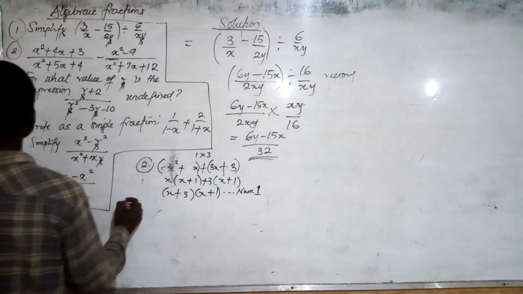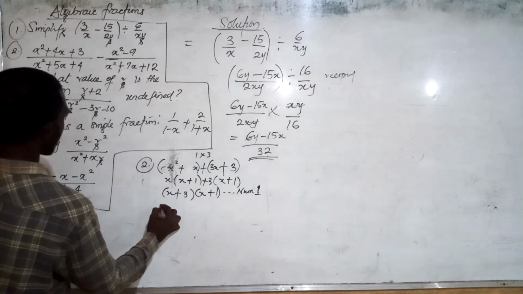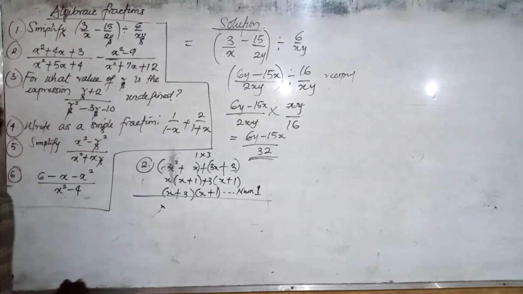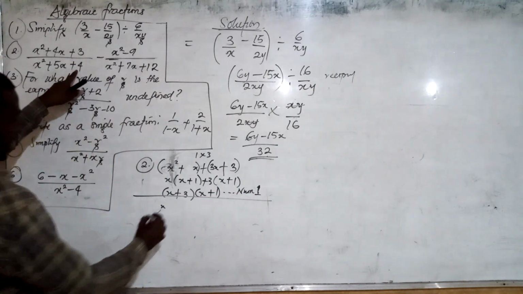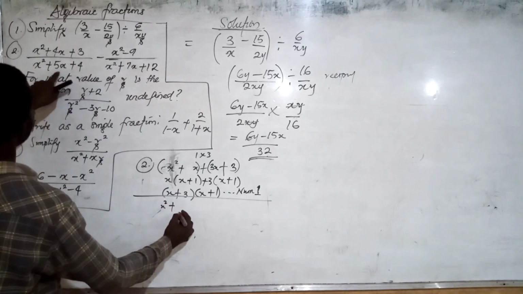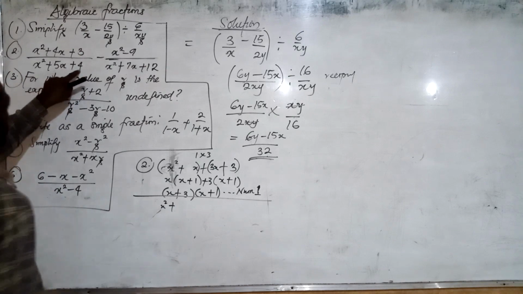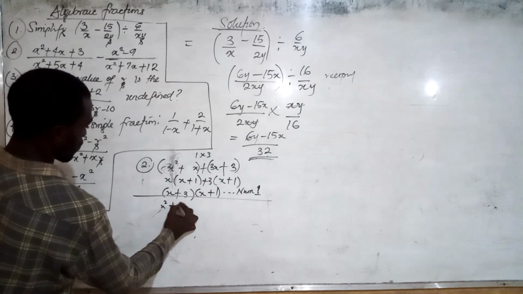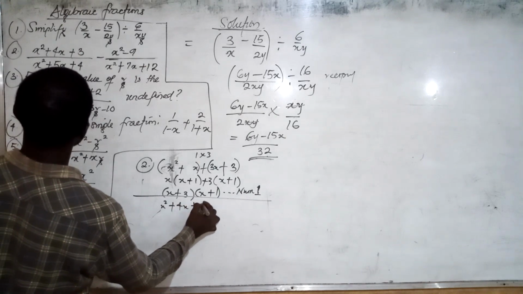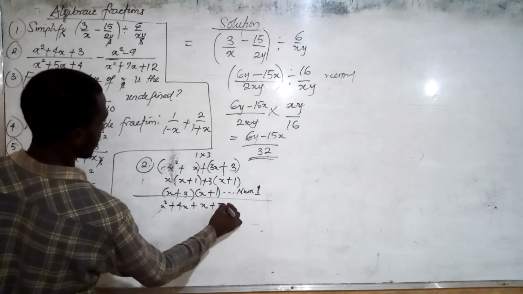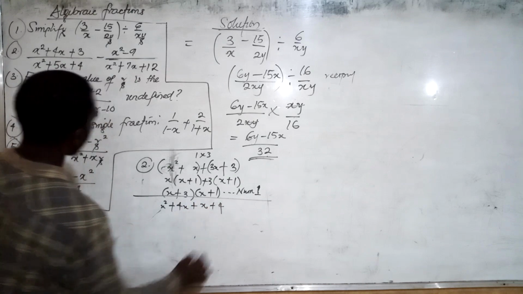Then we solve for the denominator here. We have x squared plus this, and that is also going to be x squared plus, when we want to factorize this, we have that it is 4 and 1 that we add that will give us this, and that will multiply to give us this. So plus 4x plus x plus 4.